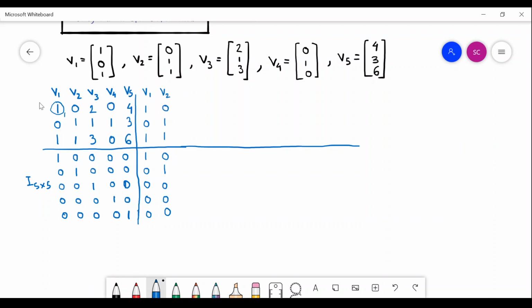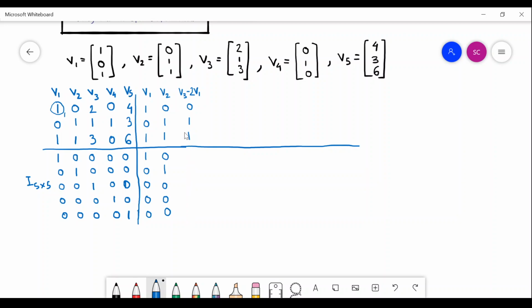For v3, we are scaling v1 with -2 and adding to v3. So v3 basically becomes v3 minus 2 v1, correct? Then you get 0 here, this is 1, and 3 minus 2 is 1. Same thing you must do in the column below.